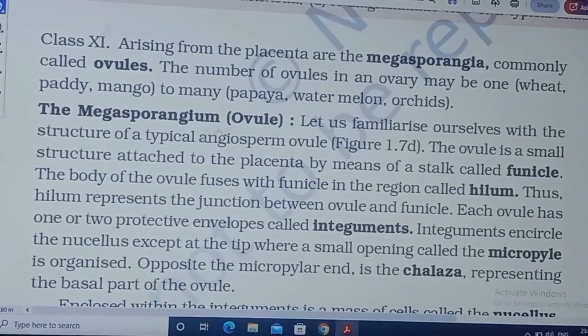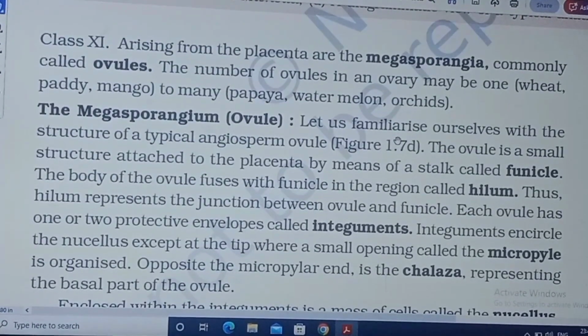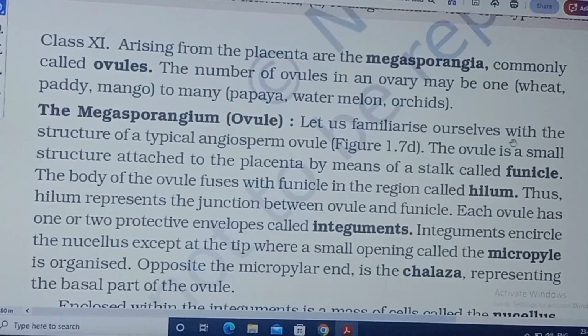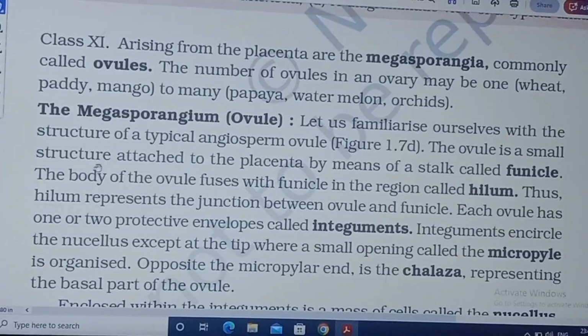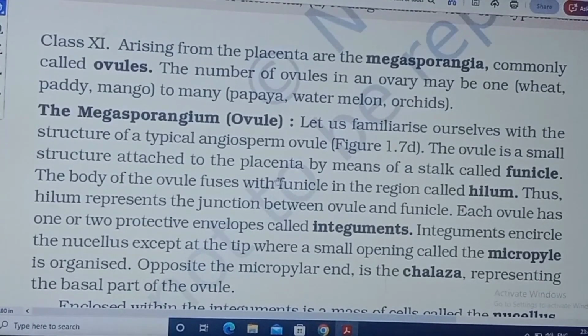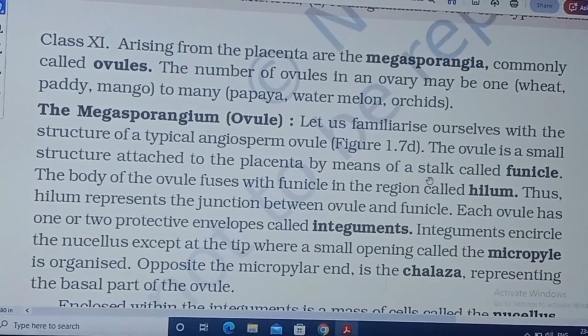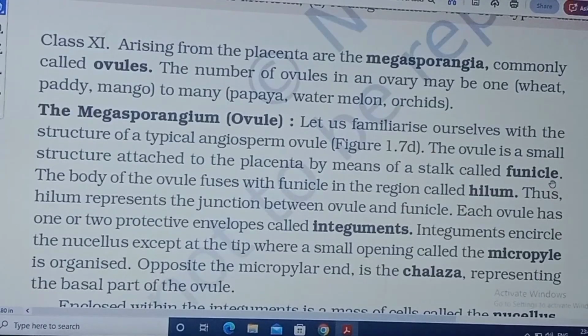And then the megasporangium, the ovule. Let us familiarize ourselves with the structure of a typical angiosperm ovule. The ovule is a small structure attached to the placenta by means of a stalk called the funicle.